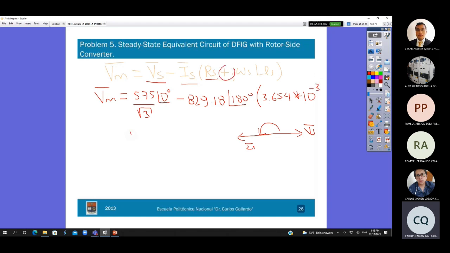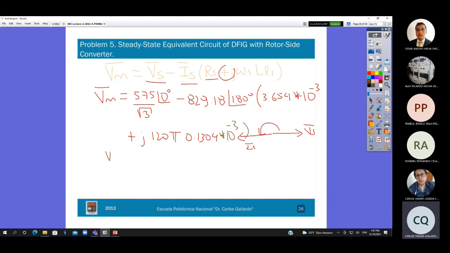Plus j. The speed is 2 times pi times the frequency of operation, so I will have 120 times pi times the stator leakage inductance. Once again I am using the conversion factor, so I will have 0.1304 times 10 to the negative 3.